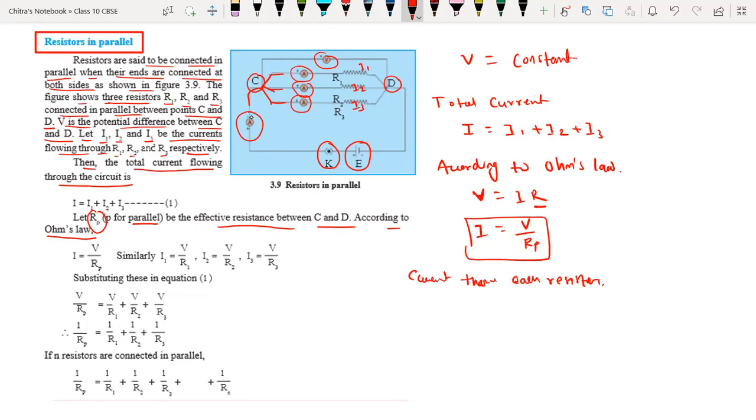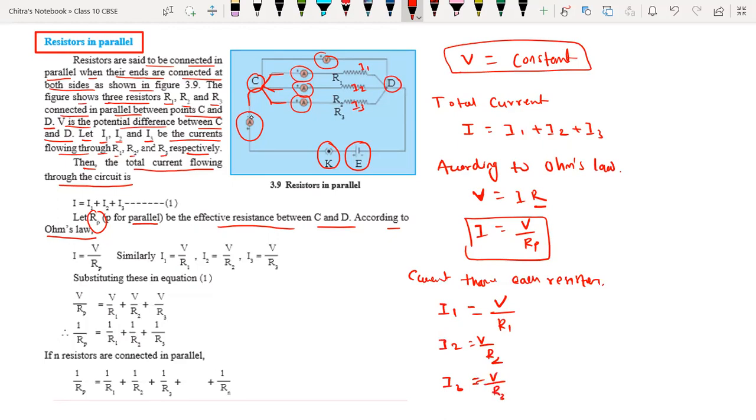From the first it will be I1. So I1 will be what? See, V is constant, so we have to keep V always as V only. So I1 equals V divided by R1. For I2 it will be V divided by R2, and for I3 it will be V divided by R3.